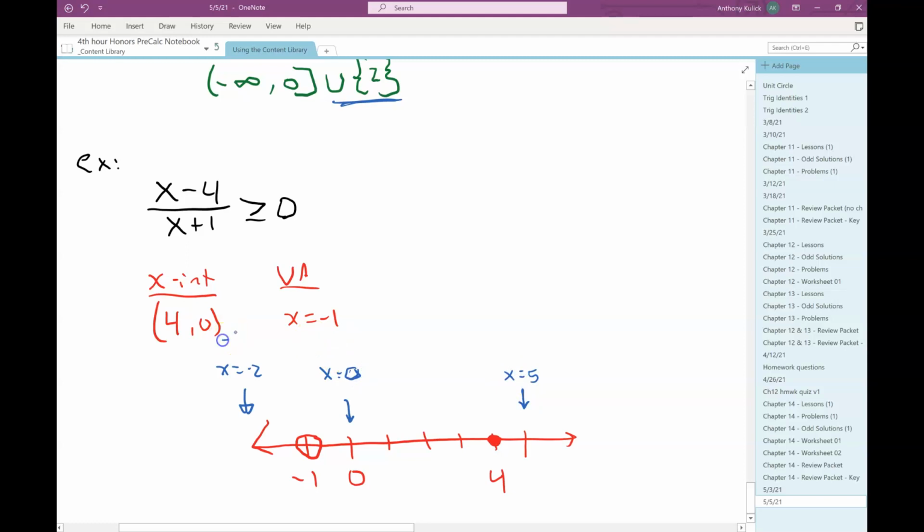So that would be negative 6 over negative 1, which is greater than or equal to 0. That is going to be negative 4 over 1, which is less than 0. And then I have 1 over 6, which is greater than or equal to 0. Everybody's okay there?